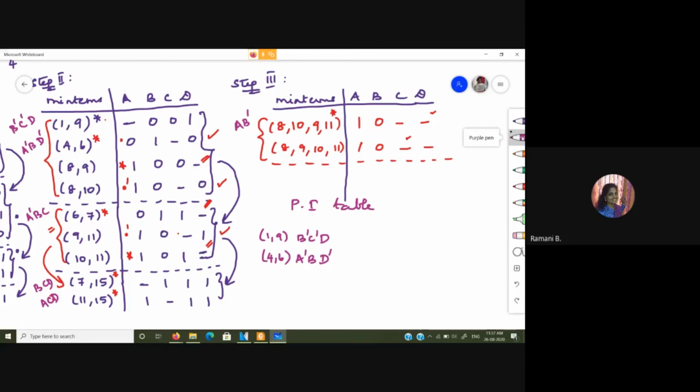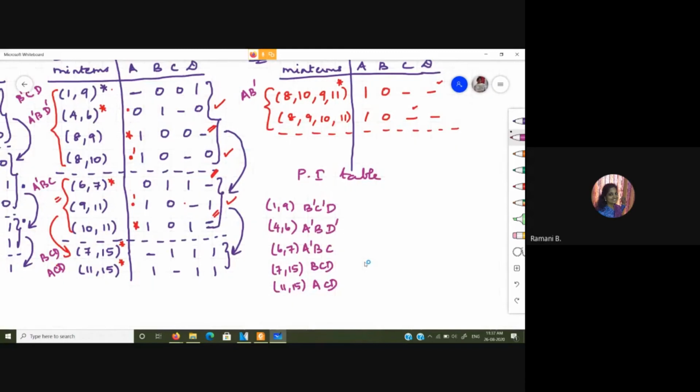Then 6, 7, which corresponds to A bar, B, C. Then 7, 15, that corresponds to B, C, D. And 11, 15, that corresponds to A, C, D. And the last one is a quad, so 8, 9, 10, 11. It is enough if we write it once. So this is A, B bar. So these are the minterm combinations.